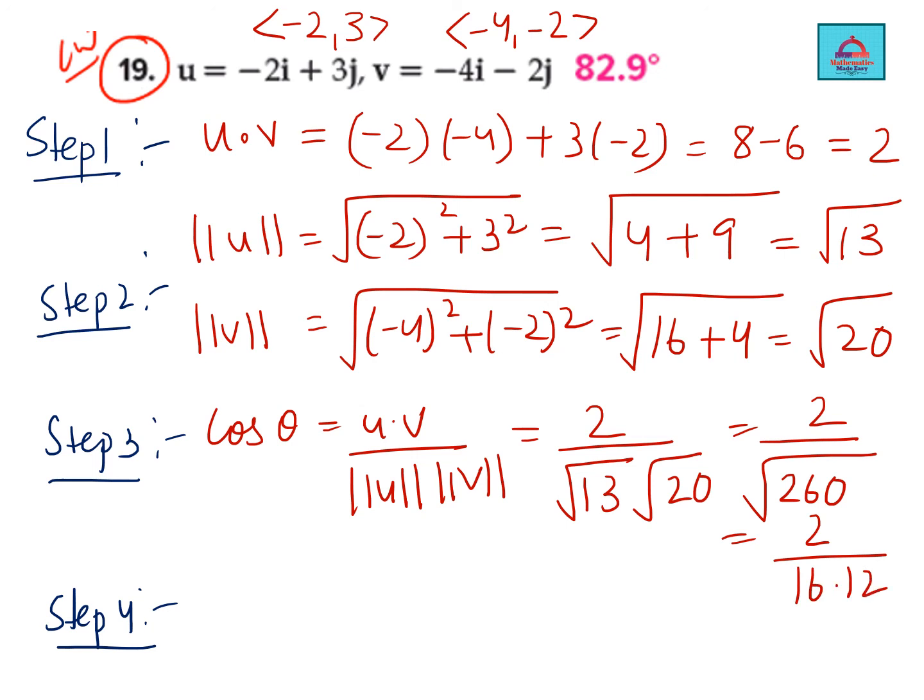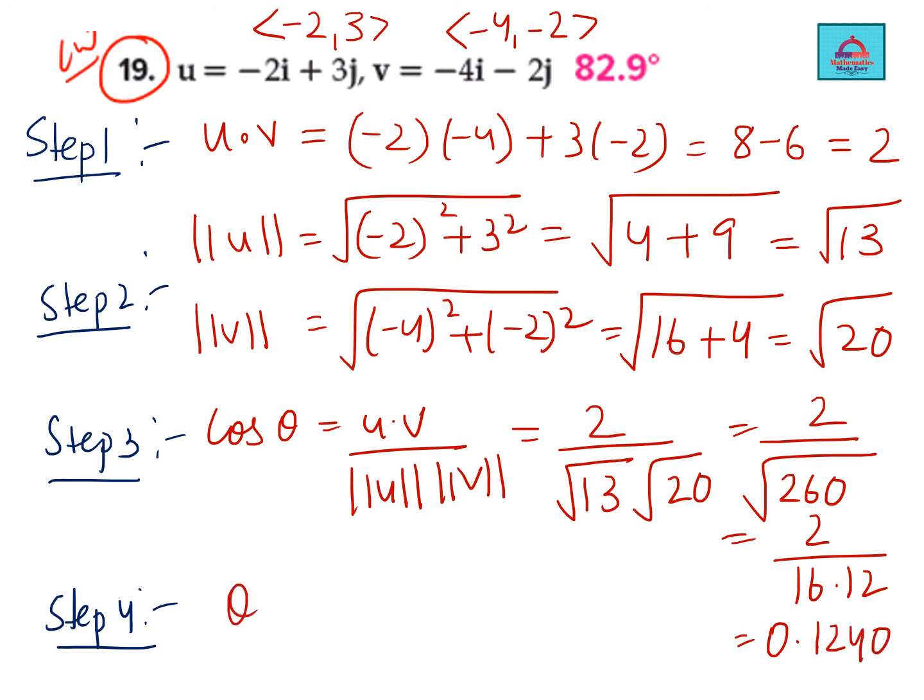So now you divide, on division, giving you 2 divided by 16.12, which is 0.1240.